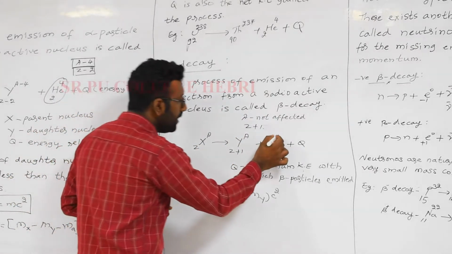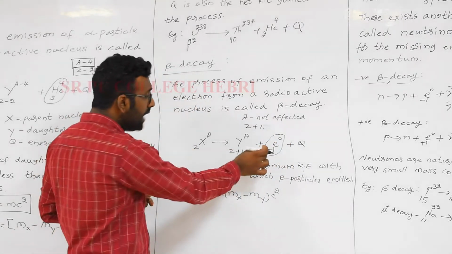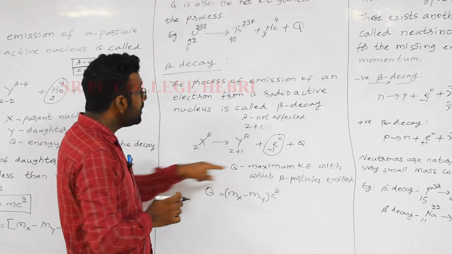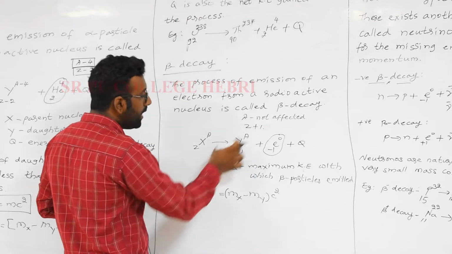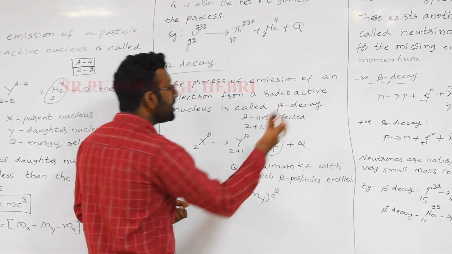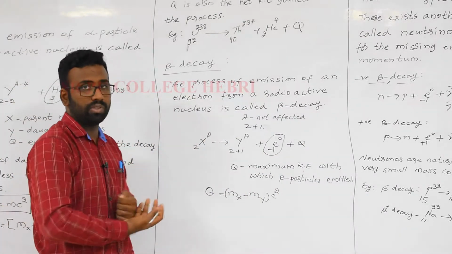Why? The beta particle has only charge, and here it is a negative charge. So the atomic number increases by 1, the mass number is not affected, and Q is the energy emitted during this process.